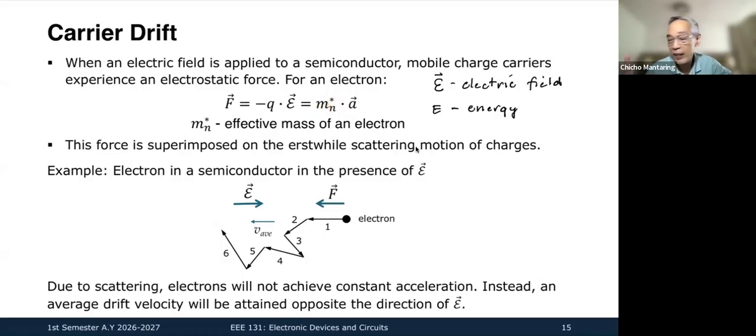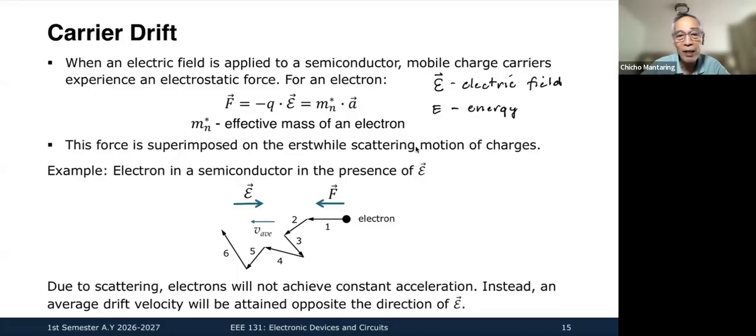It's just a way of expressing the force in terms of the acceleration that is experienced by the electron, for example, in free space. Kasi mahirap talagang makuha yung mass ng electron. So they just came up with a concept called effective mass. But you don't have to worry about that.